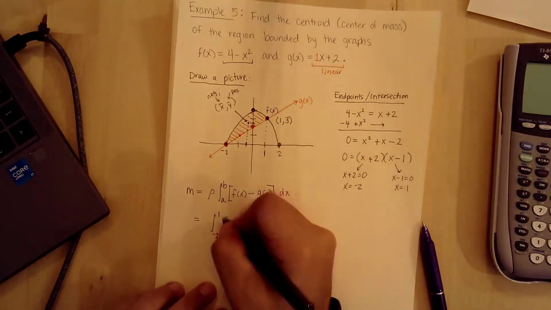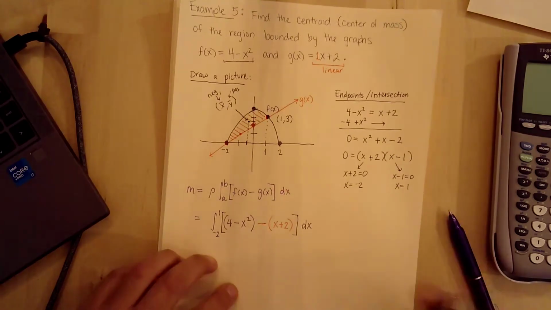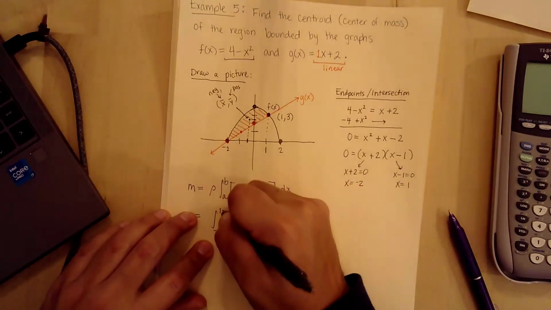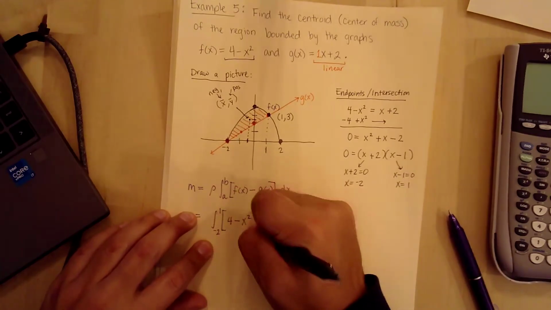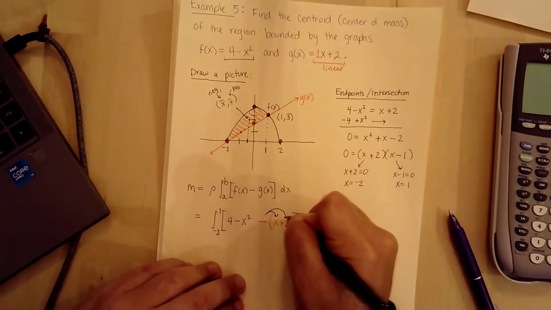So we have to subtract that before we integrate. Realistically speaking, you don't need these parentheses here on the first function, but we do need to distribute this negative sign here and here.